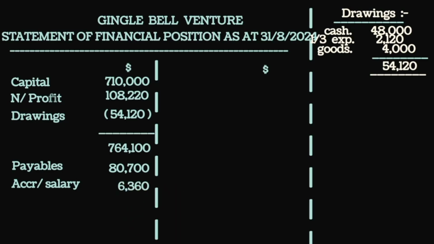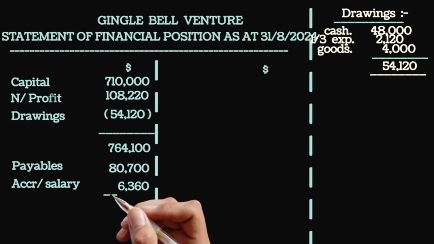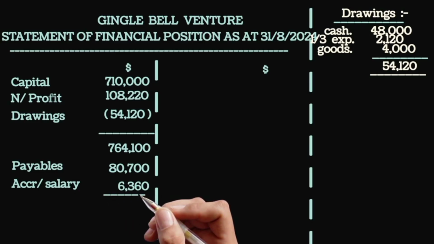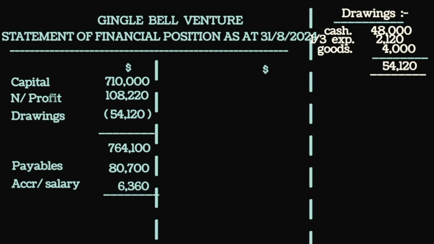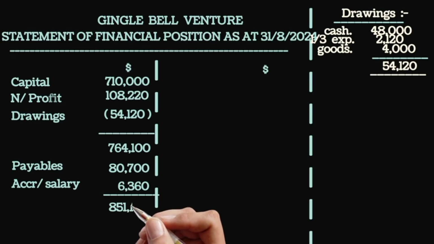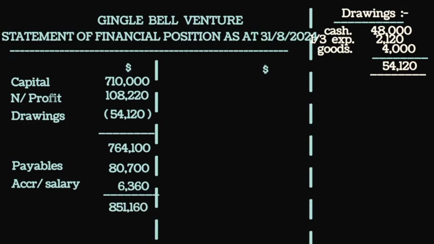And there is an outstanding salary, that is accrued salary that has yet to be paid from our adjustment in the trading and the profit and loss account, and that value is 6,360. We finish what we need to compute on the liability side.